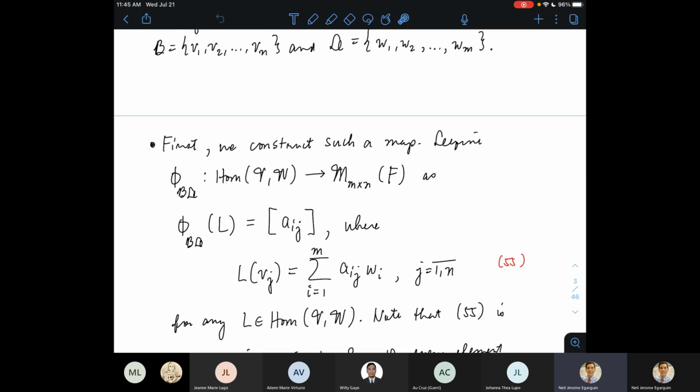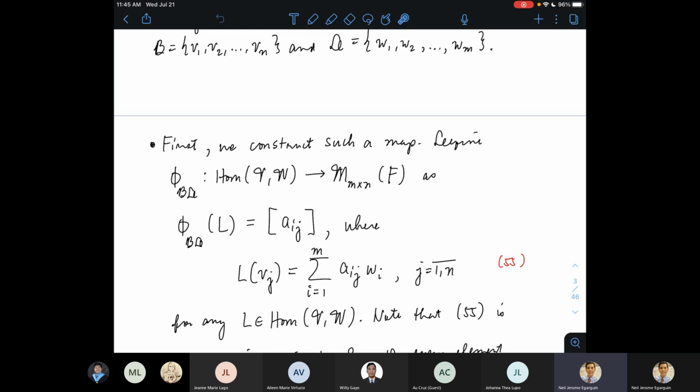We expect that image under phi to be an m by n matrix. Okay? So here I'm saying that the phi of L with respect to the bases B and D is the matrix Aij. So hopefully you're now familiar with our notation for matrices. By the way, we are using brackets for matrices. So just a random choice.